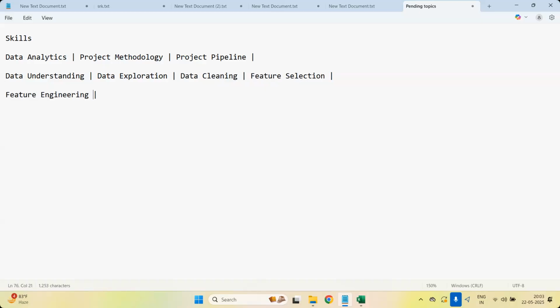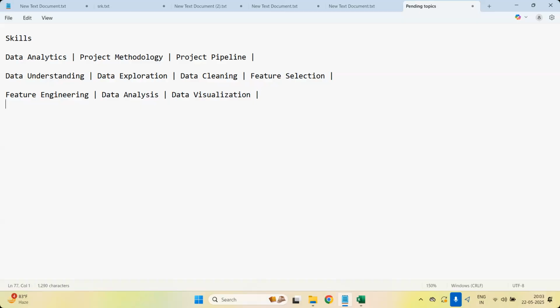Creating new columns if required, adding new columns or modifying columns. If there is a wrong data type, rectifying it to the correct data type is also called feature engineering. And followed by data analysis and data visualization.